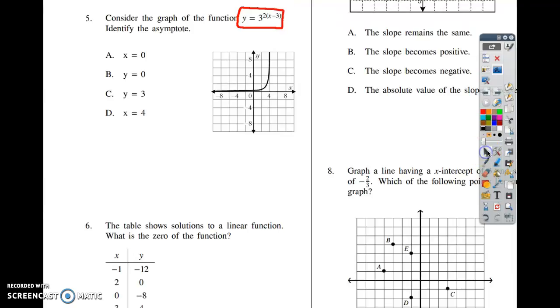Just in case you have to do that on the test, you would put it in y equals and make sure that you put it up to the power of 2 parentheses x minus 3.